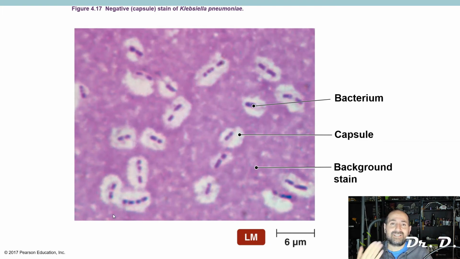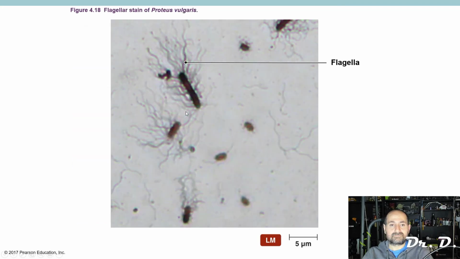So when you stain the cell and the background, the only thing that remains unstained is what you're looking for, which you can't stain directly, and that's the capsule, see? So this is called the negative staining technique. What does negative staining mean? Staining everything except the structure that you want to reveal.